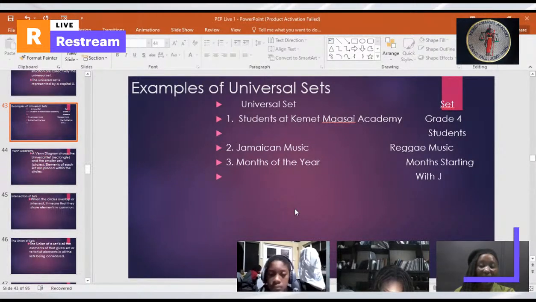All right, Jamaican music might be a universal set. And within that, you might have reggae music as a smaller set. Months of the year might be a universal set, and then we might have a set for just the months that start with J. So January, June, and July.